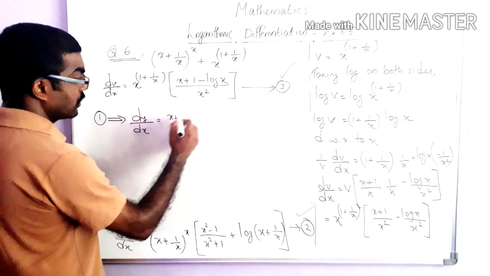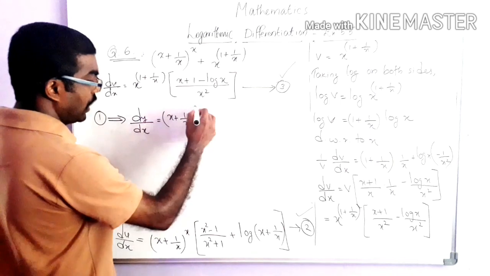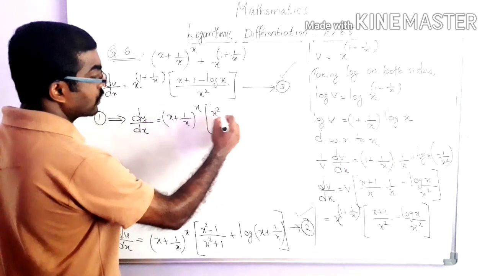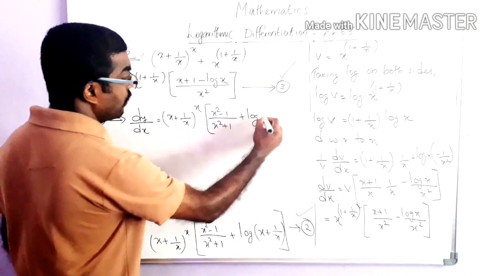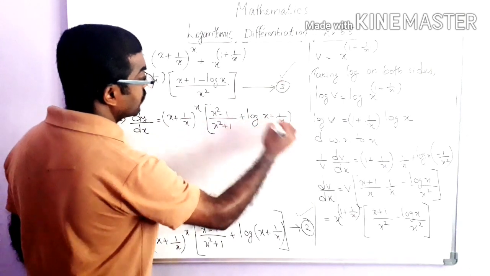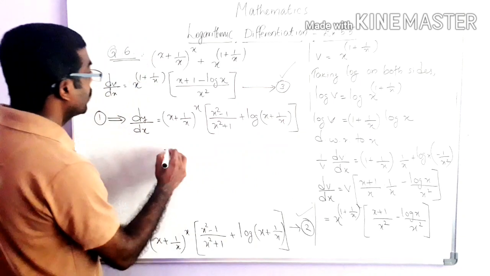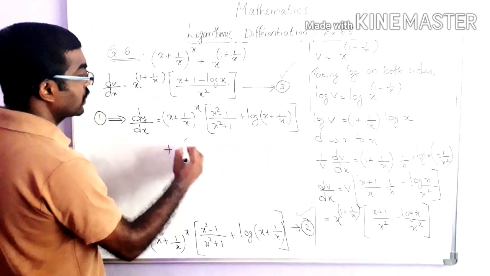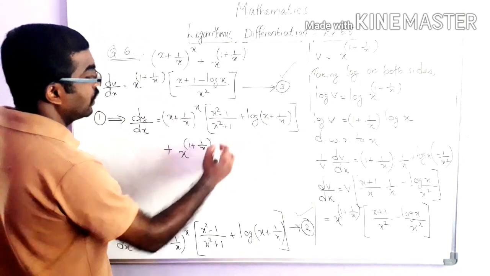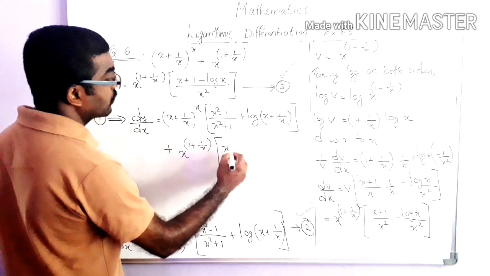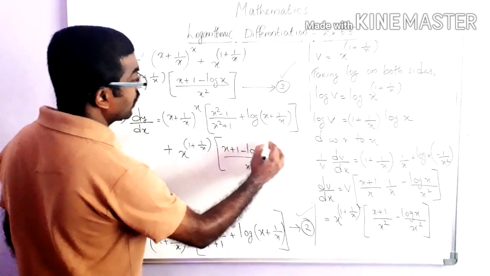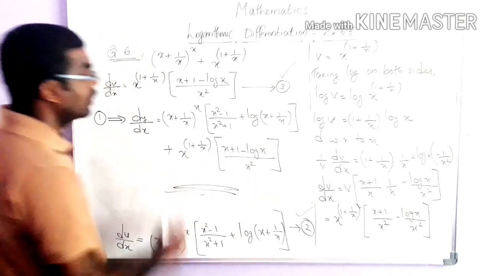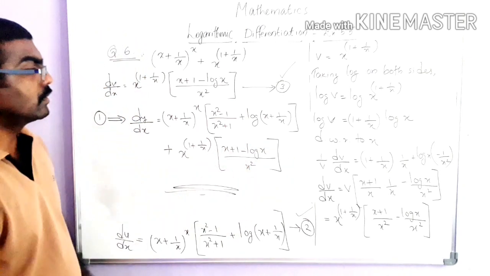That is x plus 1 by x the whole raised to x into x square minus 1 divided by x square plus 1 plus log of x plus 1 by x, then plus dv by dx, that is x raised to 1 plus 1 by x into x plus 1 minus log x divided by x square. Okay, this is the final answer.